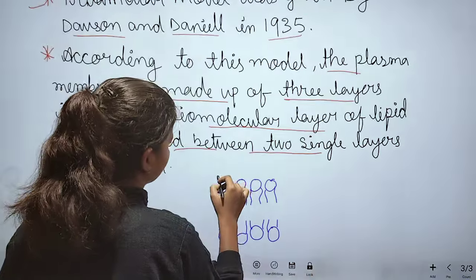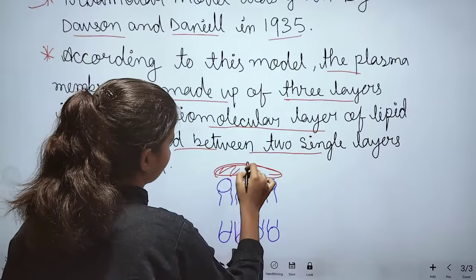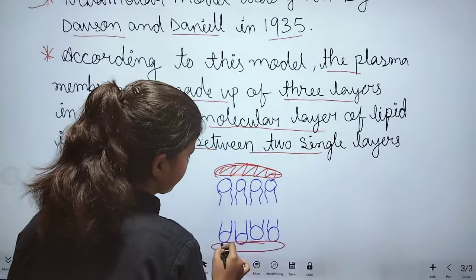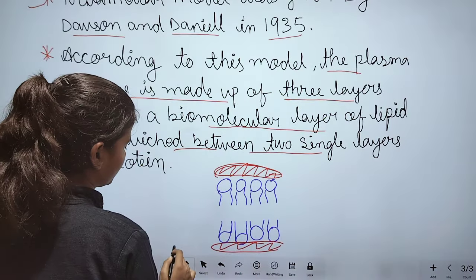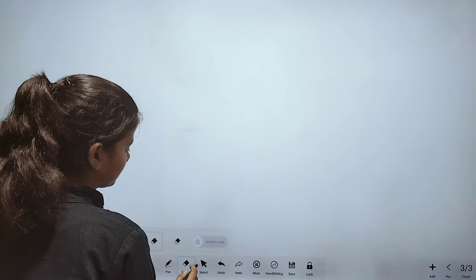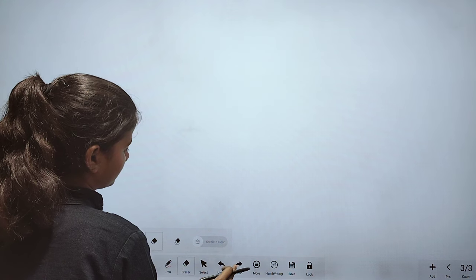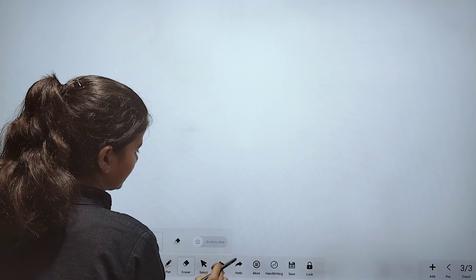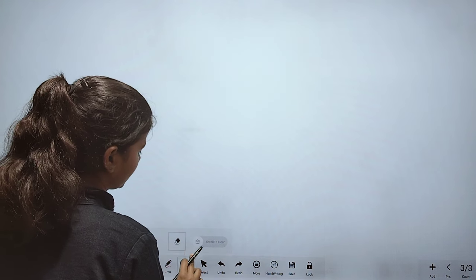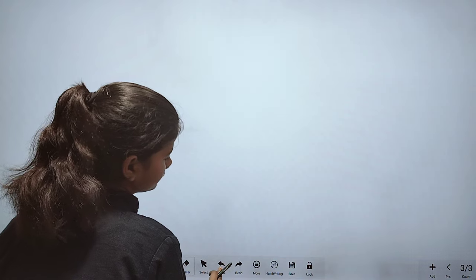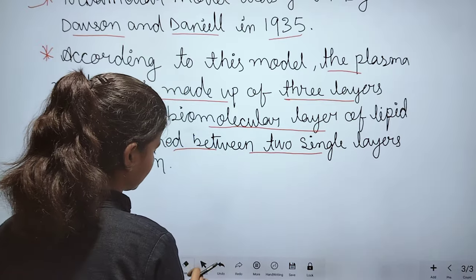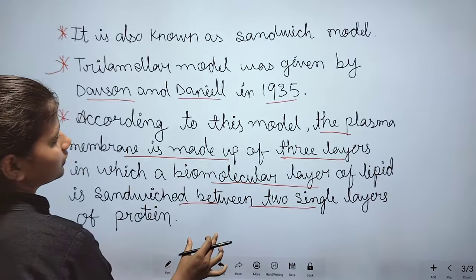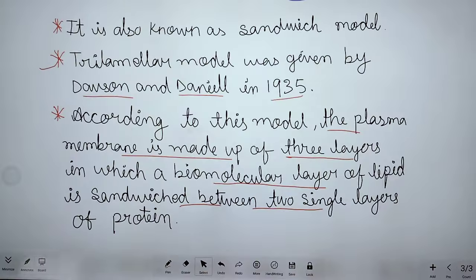Okay, and here this one is the layer of protein. This type of structure is according to the trilamellar model. Okay, like this is the structure of the plasma membrane, and I hope you understand this point. Now move to our next point.